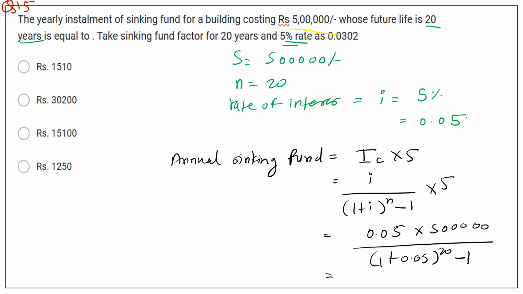After calculation, you get the answer which is 15100. So this option is given as the third option, which is rupees 15100. So for the yearly installment of sinking fund, the third option is correct.